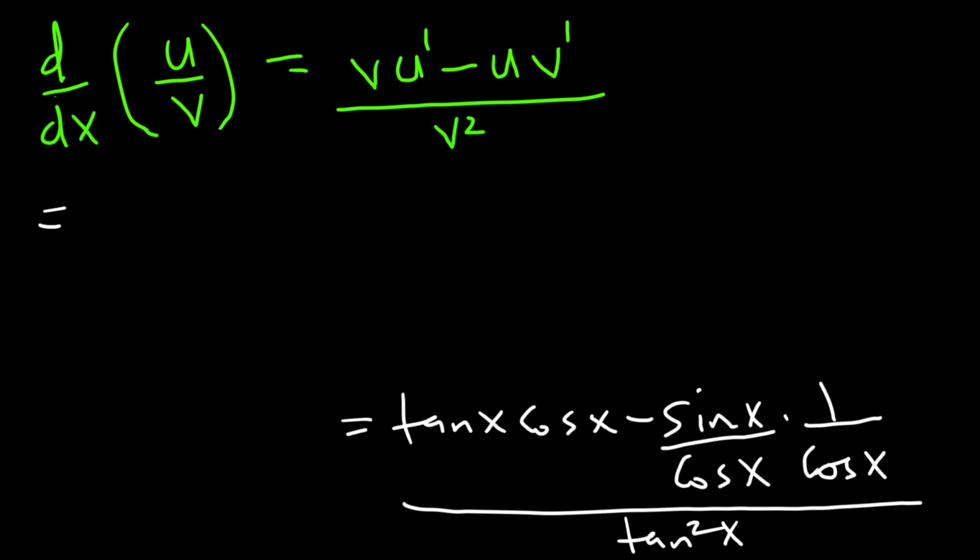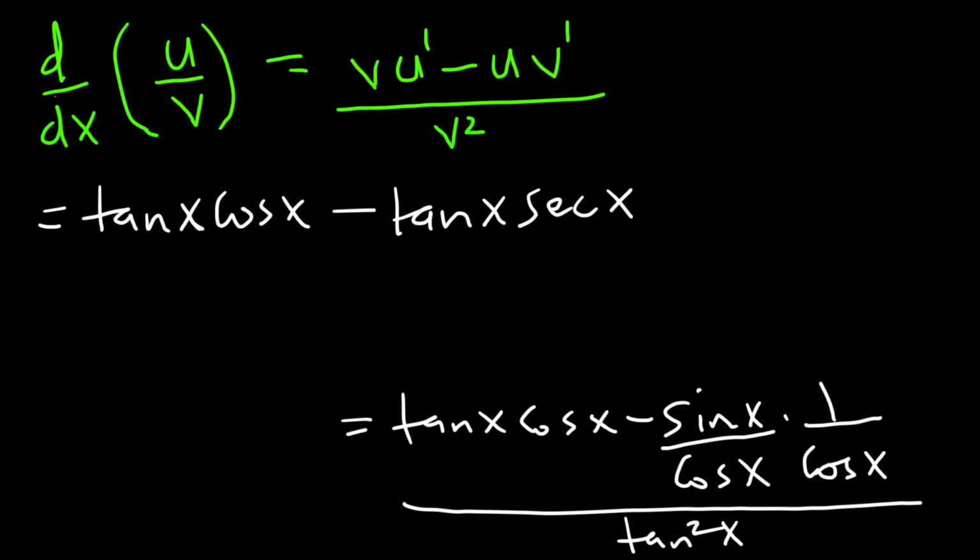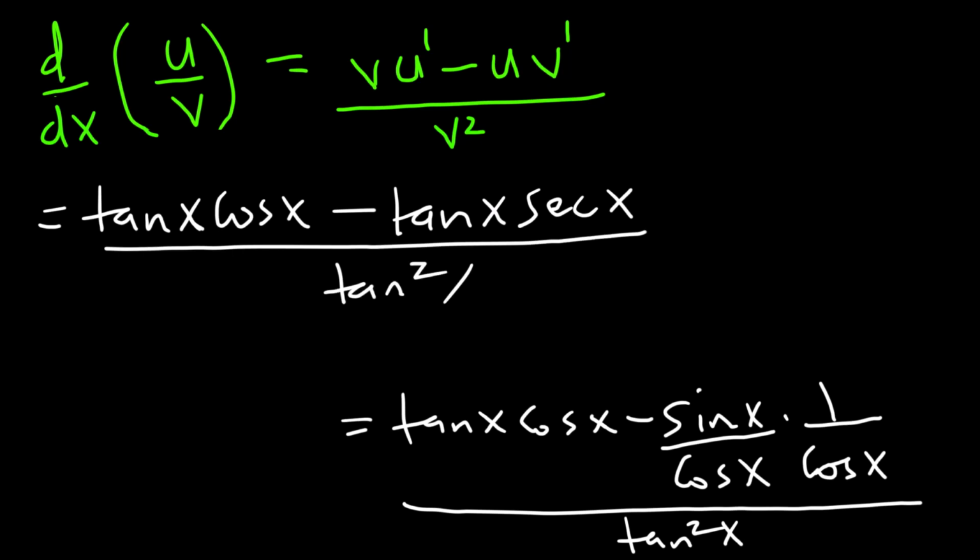This will be equal to tangent x times cosine x and then minus, now sin x divided by cosine x is the same as tangent x. So this will be tangent x times 1 divided by cosine x, which is secant x, divided by tangent squared x.